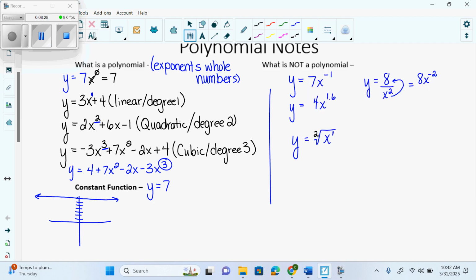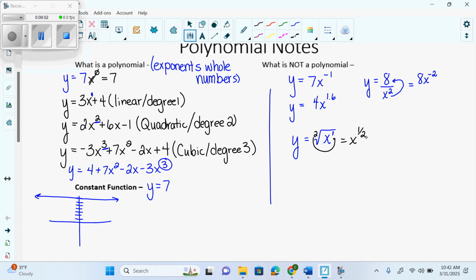That's our index. So if we don't have a number, our index is a 2. The index is a little number above the radical symbol, right? So what we want to do is take that number and drop it underneath the other one. So this is the same as x to the half. You see that? And is half a whole number? No. It's irrational. So that doesn't work either. Make sense?